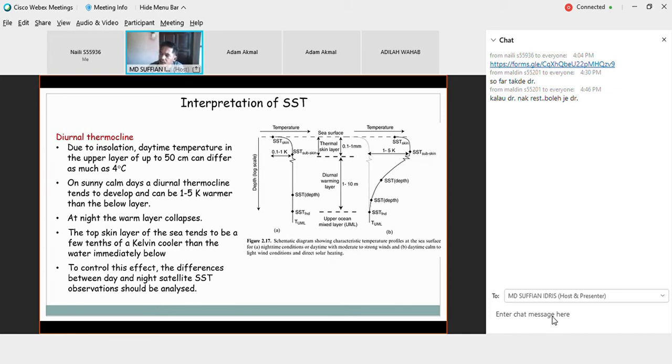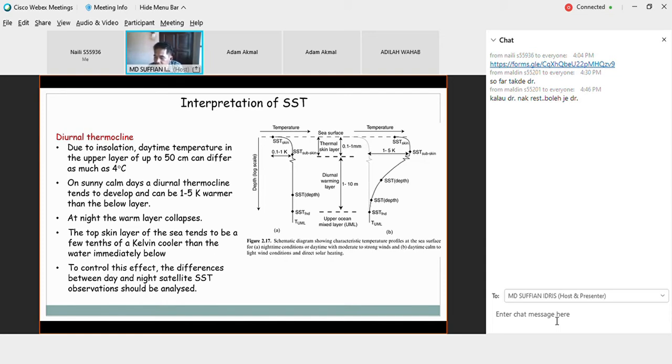A few 10 km cooler than the water immediately below. So waktu malam yang di atas tu biasanya dia lebih panas, berbanding ataupun dia lebih sejuk, berbanding di kawasan permukaan. Because of what? Because of the transfer of heat from the surface to the air or atmosphere.